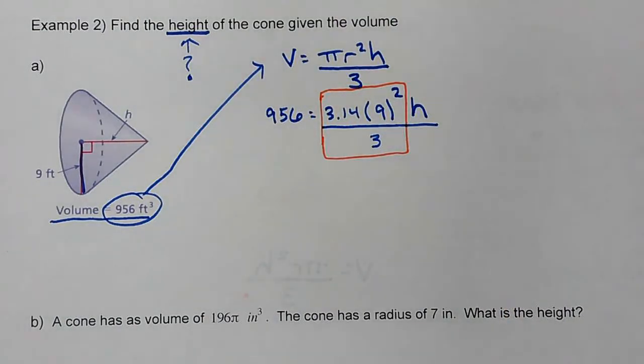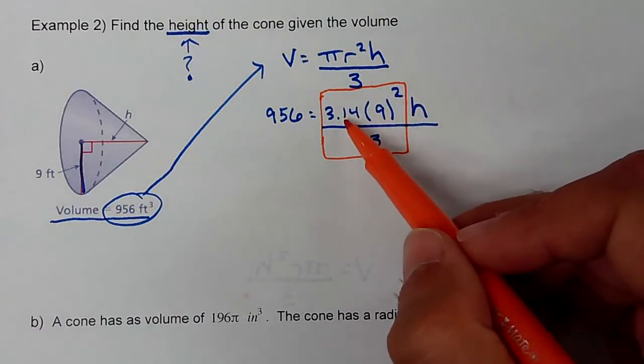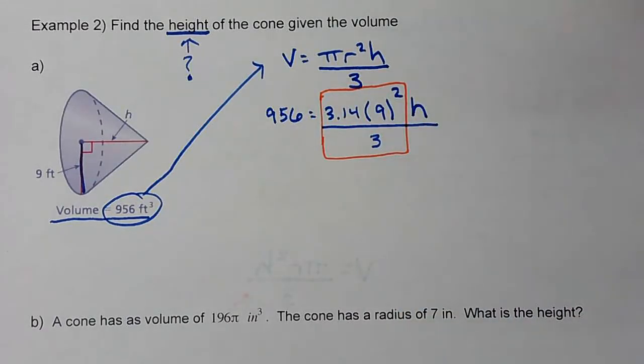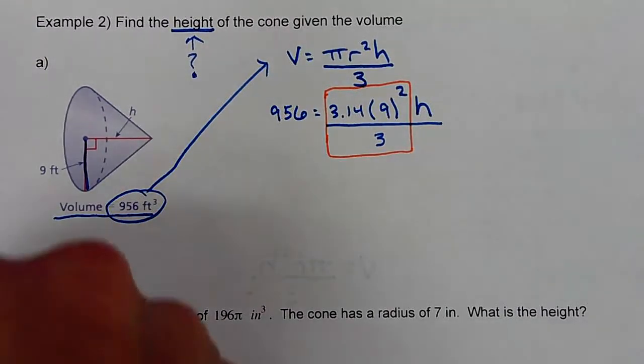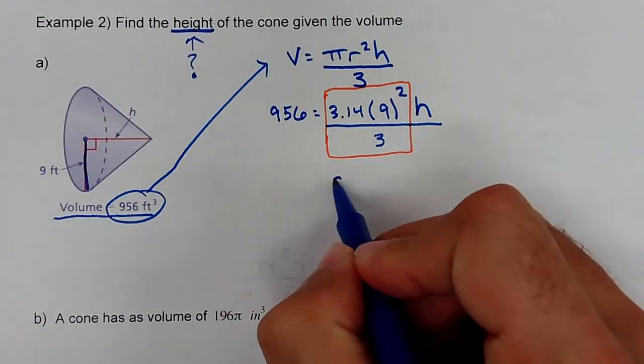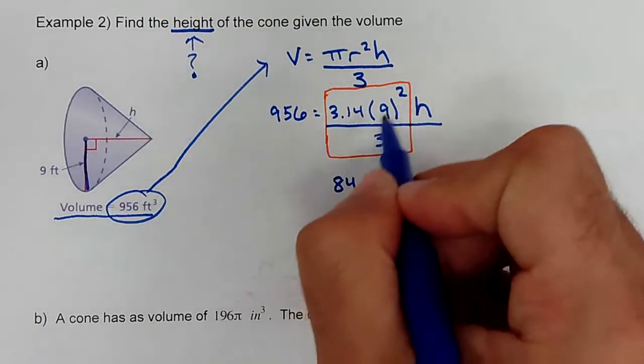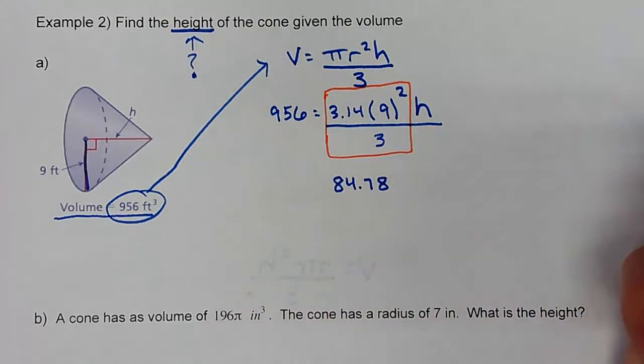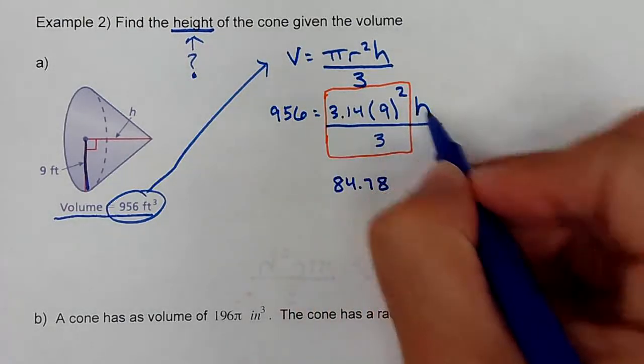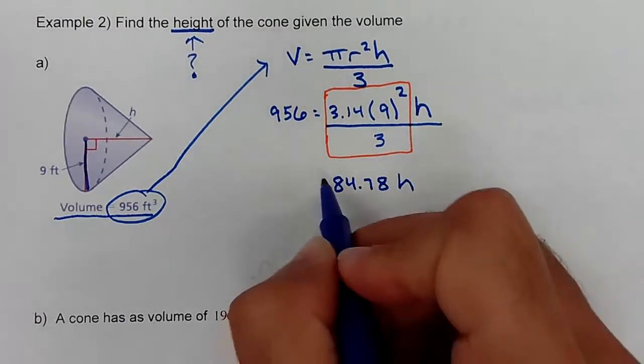So if I take my calculator and I do 3.14 times 9 squared, so this would be 81. 81 times 3.14, and I divide that by 3, I'm going to get a value of 84.78. We can do that because it's all multiplication, and that division of 3 will simplify in front of our h. So now I have this.